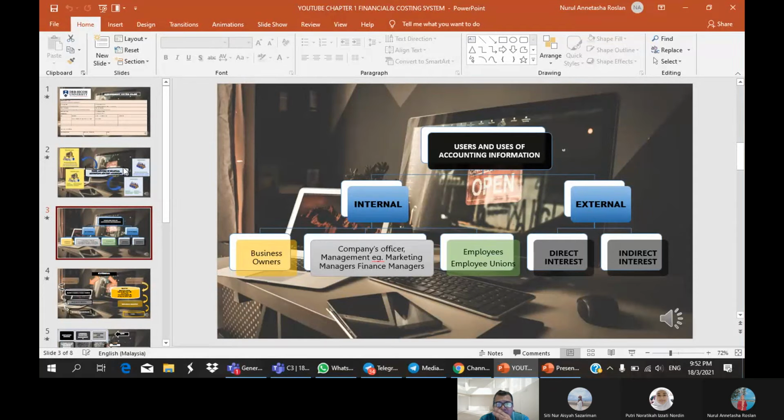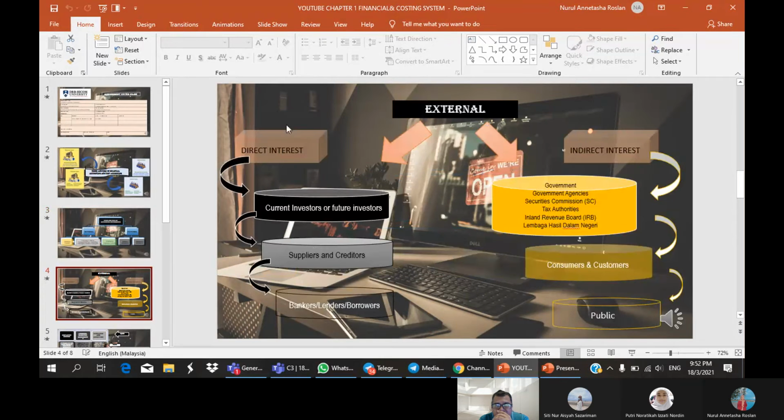For direct interest, there are current investors or future investors, suppliers and creditors, and bankers or lenders or borrowers. For indirect interest, there are government agencies, security commission, tax authorities, Inland Revenue Board, Lembaga Hasil Dalam Negeri. Next, there are consumers and customers, and the last is public.